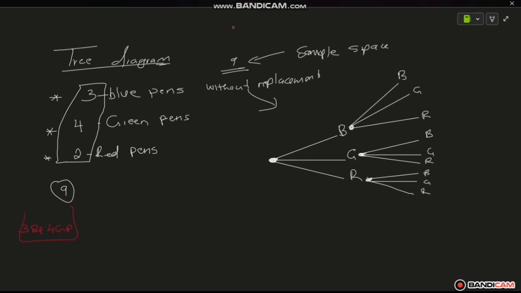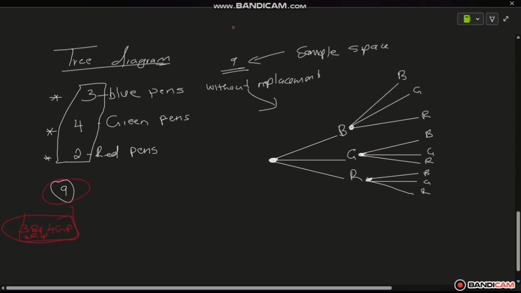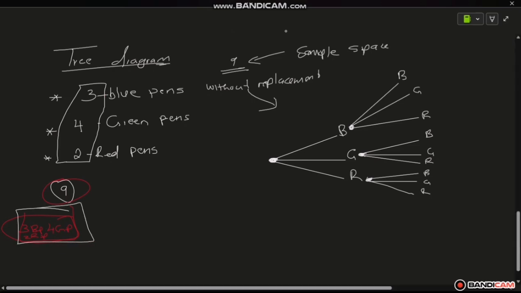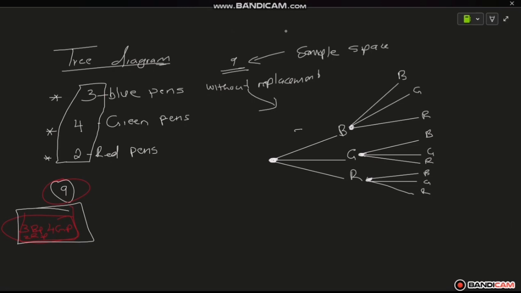All of them, when you count them, there must be 9. How many pens do we have? We have 9 pens. But inside this, how many blue pens do we have? We have 3 blue pens. So it will be 3 over 9. That's the probability of the blue pens.